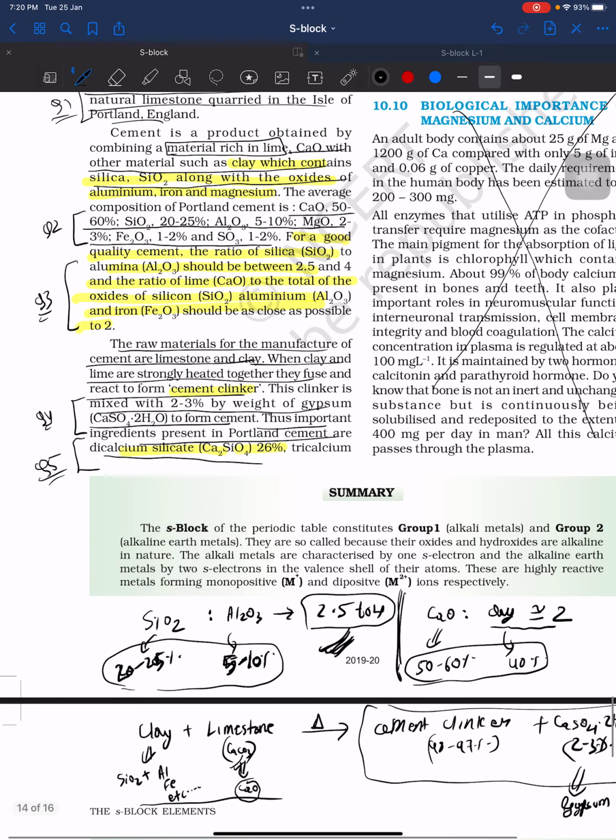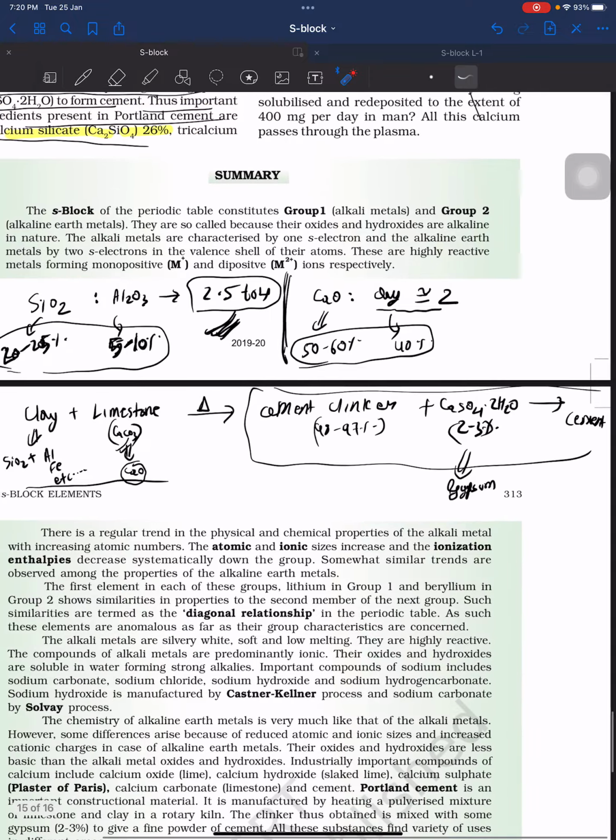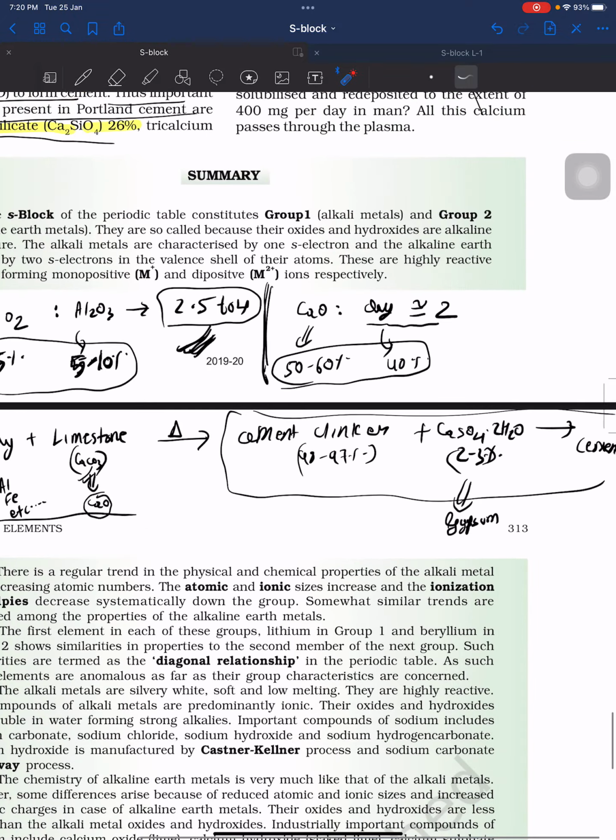So the important ingredients present in Portland cement are, see this. As we know, this cement clinker will consist of silica, yes or no? It will consist of calcium oxide, yes or no? It consists. And this consists of calcium sulfate, right?